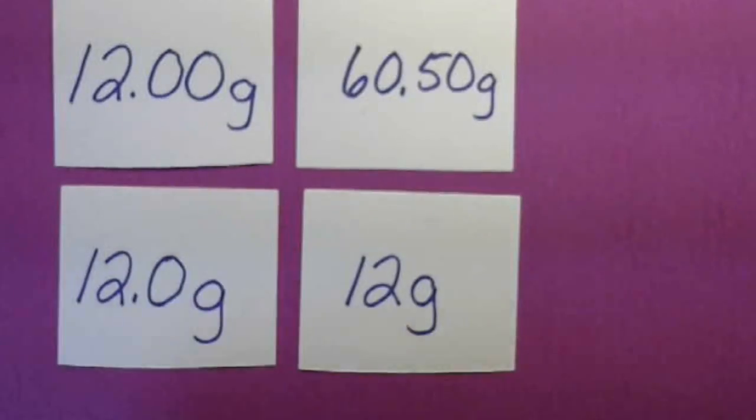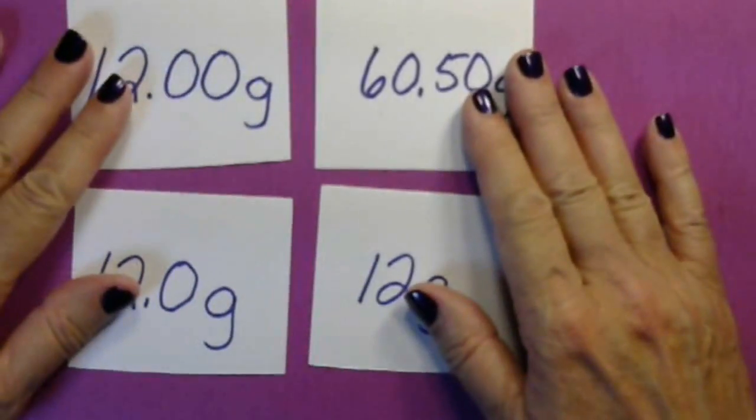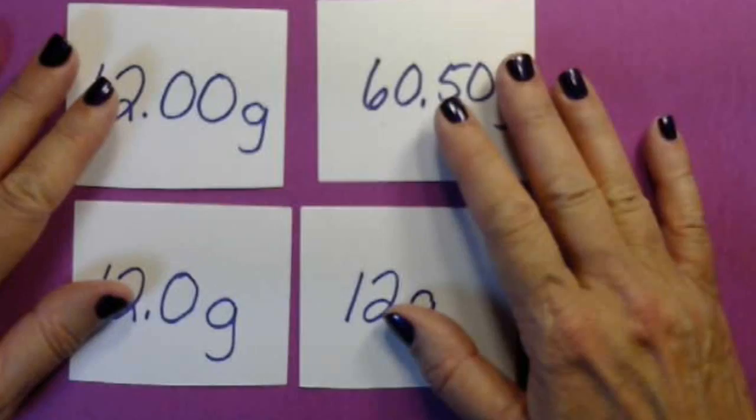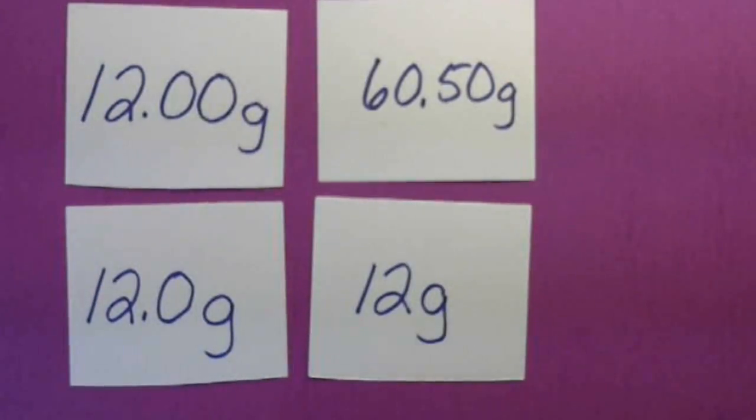So how do I know how many significant figures there are in the numbers if I don't have the plus or minus with me? Well, first of all, we have to assume that they wrote them properly. So they wrote the numbers down so they didn't add extra zeros and they didn't write too few zeros. They wrote them just the right way. So then we count to the place of uncertainty from left to right.